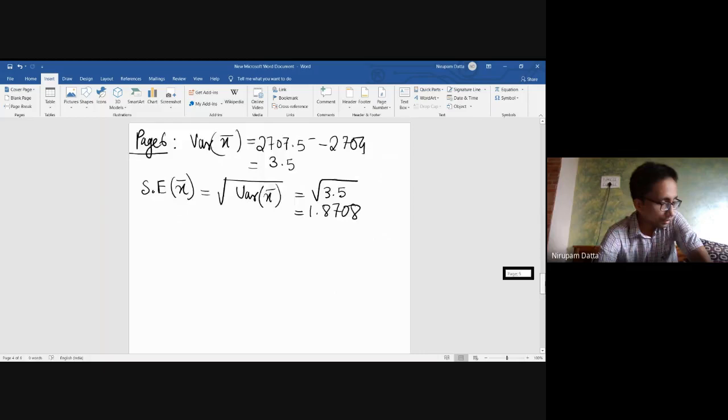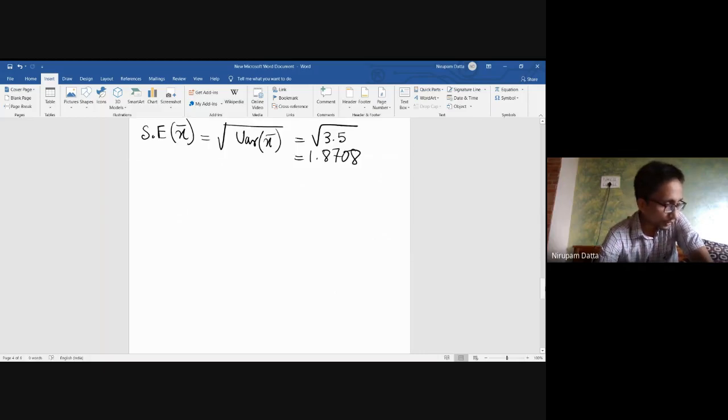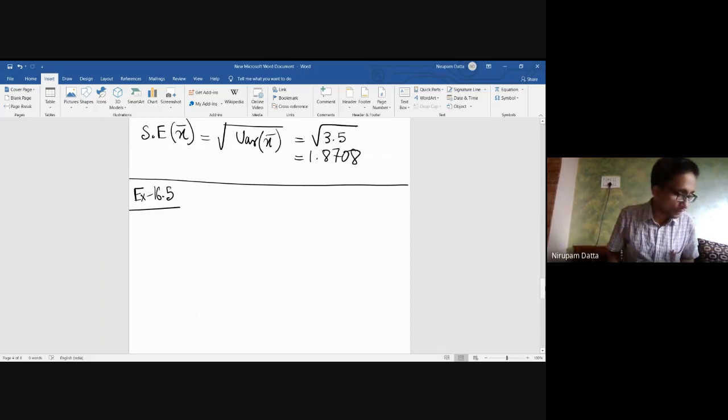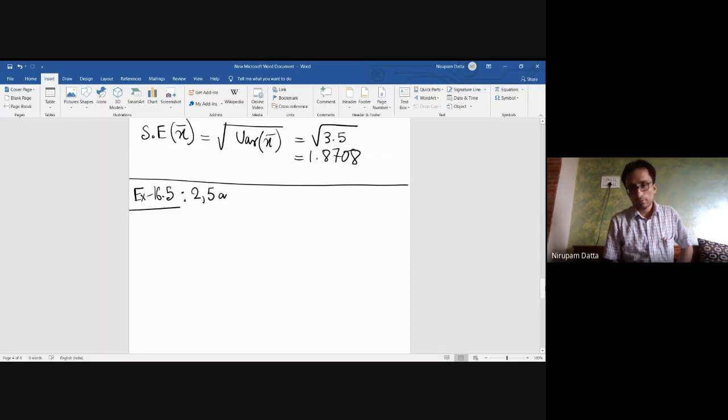16.4. Now we will be talking about example 16.5. So in example 16.5, there are only three values. The population contains only three values: 2, 5, and 8.